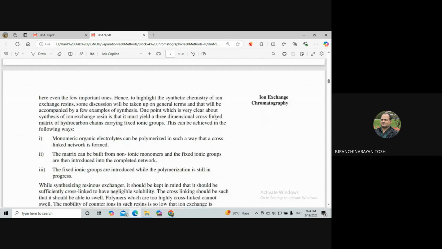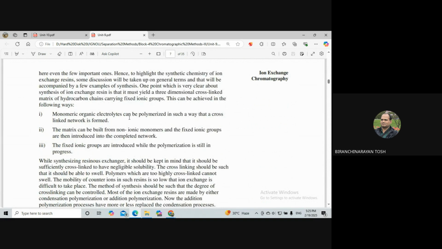Hence, to highlight the synthetic chemistry of ion exchange resins, only some discussion will be taken. Detailed synthesis we cannot discuss here. We will consider what the different cation exchangers are and simply how they can be synthesized.